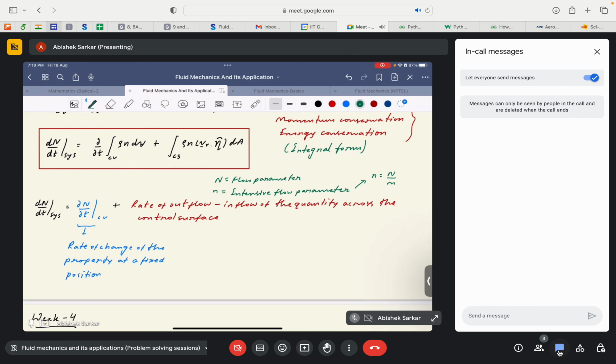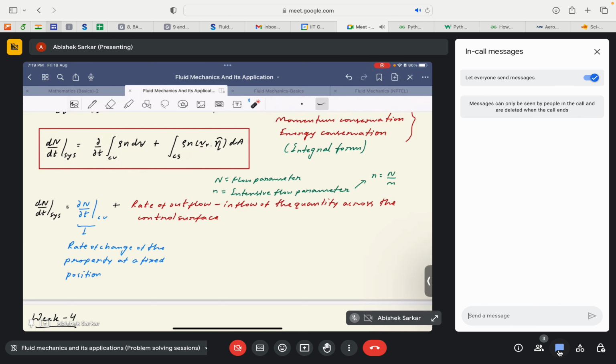So we have looked into capital N and small n, and V_CV basically denotes the volume of the control volume that we have chosen. dV denotes the elemental volume of that control volume, so this integration basically denotes the integral of the flow parameter throughout that control volume.